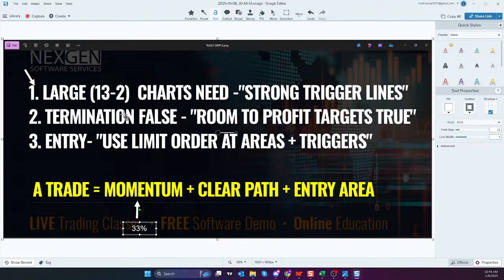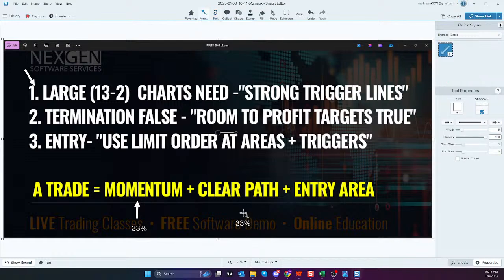Where are my triggers? If I don't have termination conditions, I've added another 33% advantage. So now I've got a large chart that's telling me a trigger is a ladder going up green and underneath a large trigger exists.